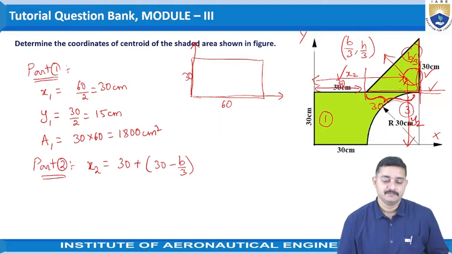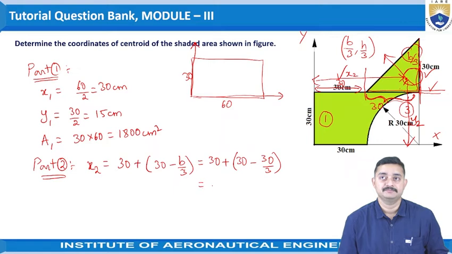So in this way, we can take it as 30 plus 30 minus base is 30, isn't it? The base is 30, hence 30 by 3. So that would be 30 plus 30 minus 10.